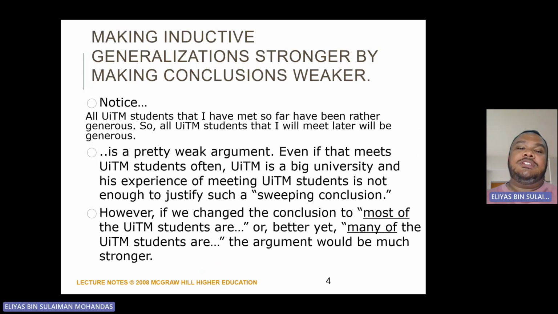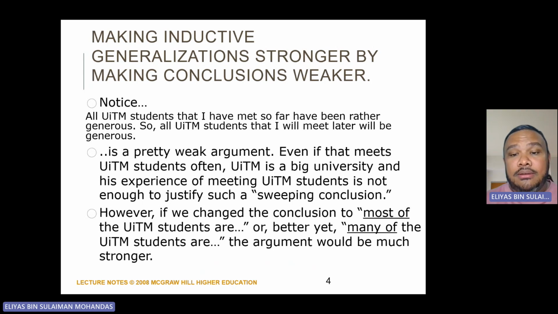Now, making an inductive generalization stronger by making the conclusion weaker. As you notice, all UiTM students that I have met so far have been rather generous, so all UiTM students that I will meet later will be generous. It's a pretty weak argument. Why?